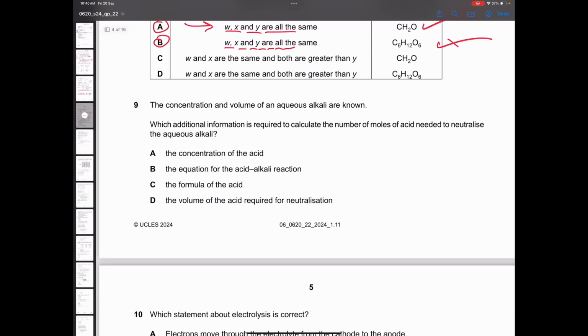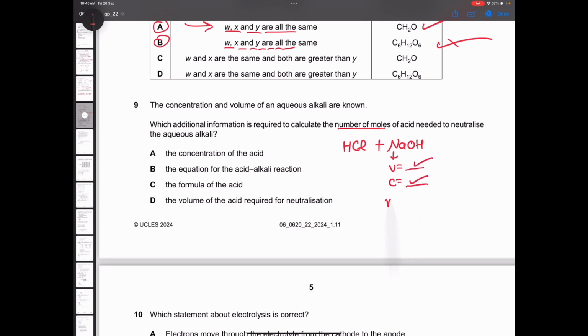Next question. The concentration and volume of an aqueous alkali are known. Which additional information is required to calculate the number of moles of acid? Now, you do not have to calculate the concentration of acid. They're simply asking to calculate the number of moles of acid. Let's say this is a simple equation, HCl plus NaOH, and you know the volume here and you know the concentration here.